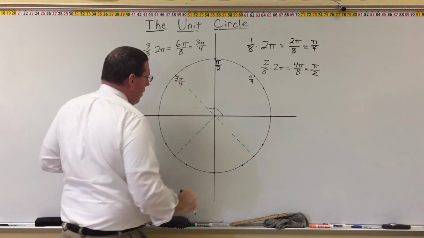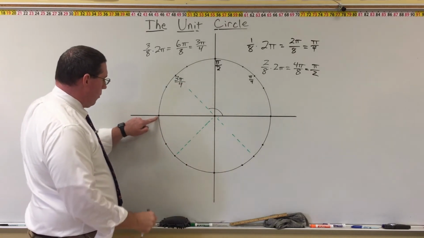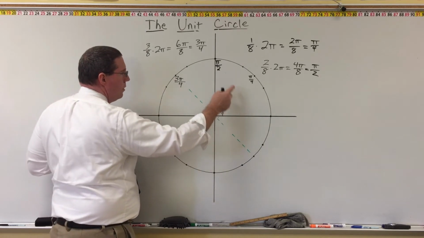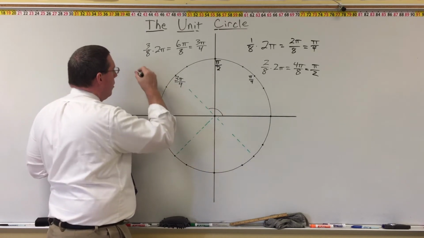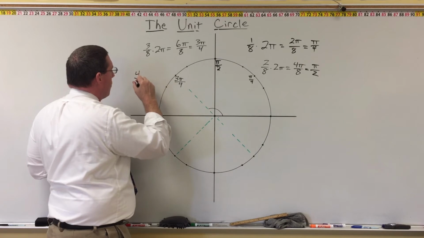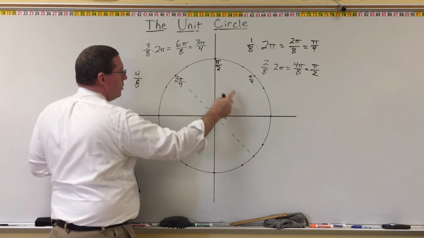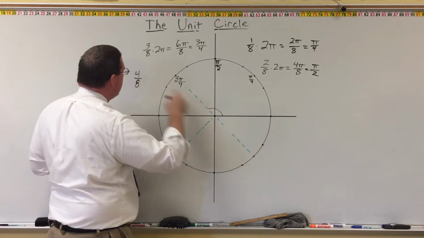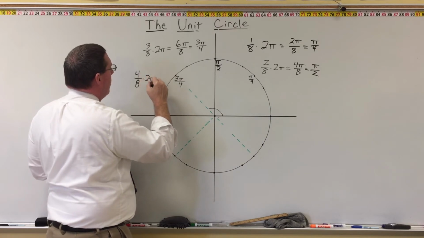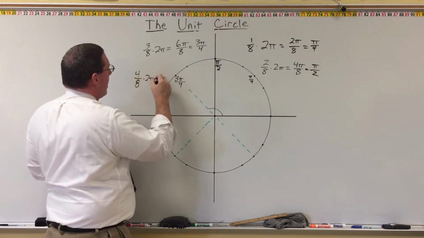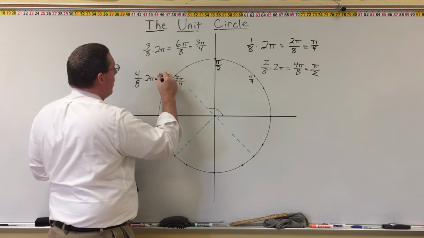Now over to this one right here. So we've got 1, 2, 3, 4 out of 8 times 2 pi. 2 times 4 is 8, so that's 8 pi over 8.